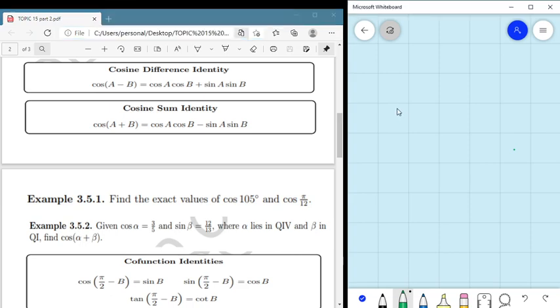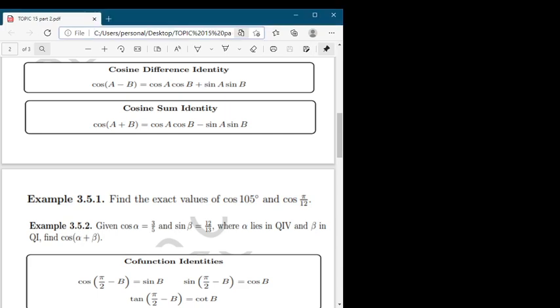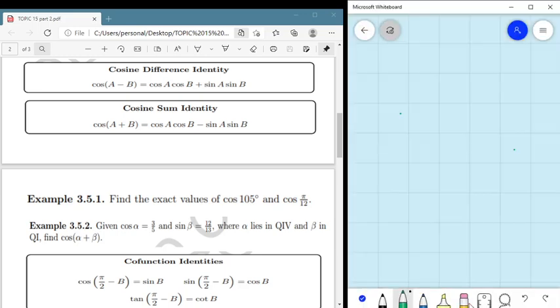Okay. Example 3.5.1. Find the exact values of cosine 105 and cosine pi over 12. If we are going to recall our special functions, what is cosine of 105?